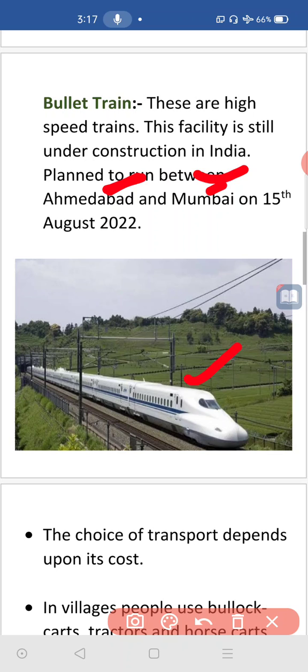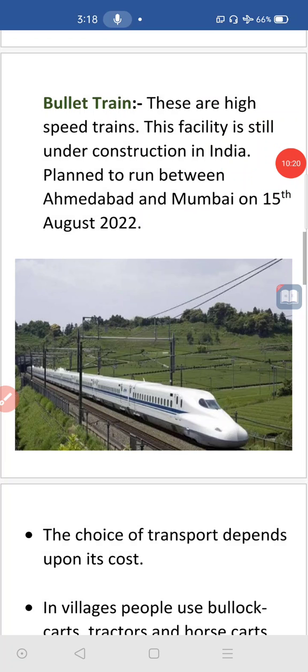What is the difference between a normal train and a bullet train? Bullet train is the fastest train. It is the fastest train in the world. And metro train only runs in the city. But bullet train is not like that. It runs between the cities, from one city to another city.